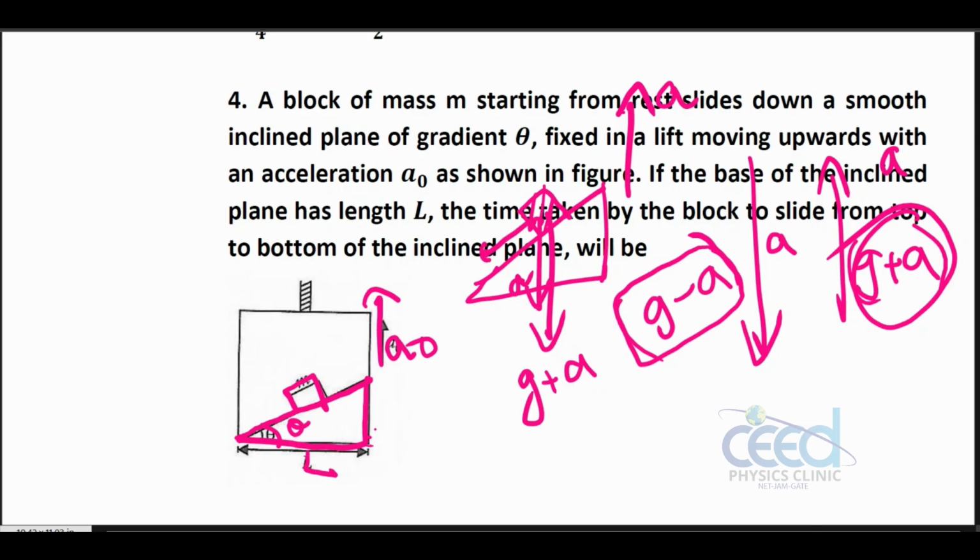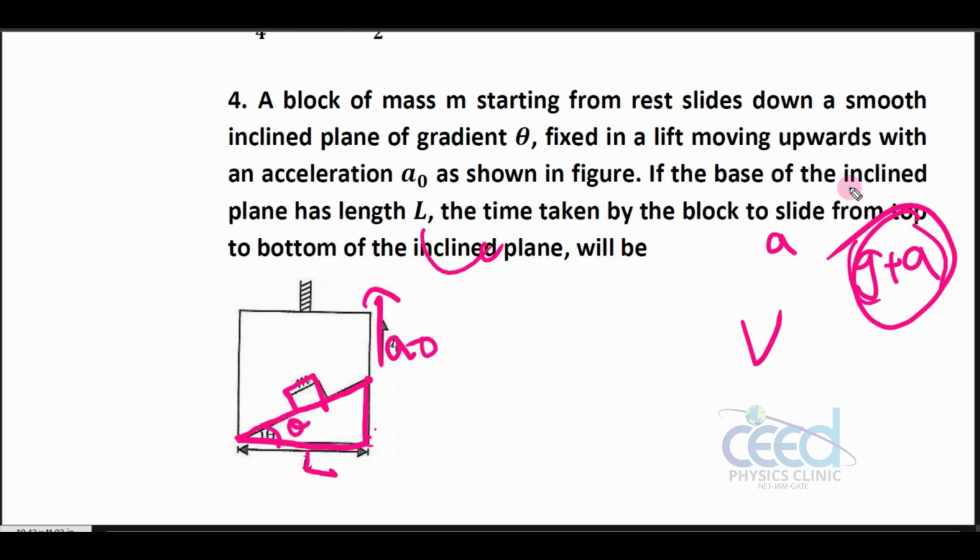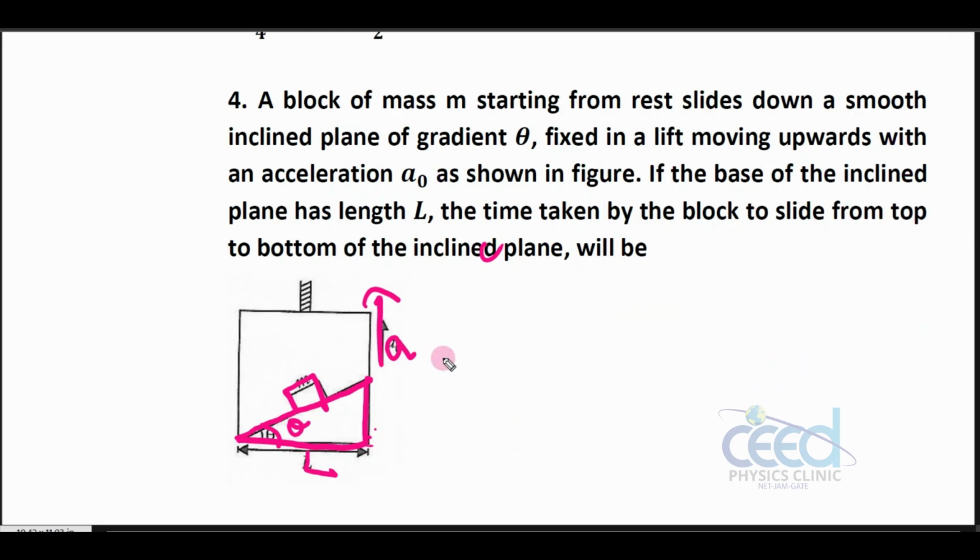Now the net force we studied was g sin theta only. The new downward acceleration is g plus a sin theta. Now we can write the equation. They are asking only for the time. Suppose a body starts from here and travels a distance s, the inclined plane distance, to come down.